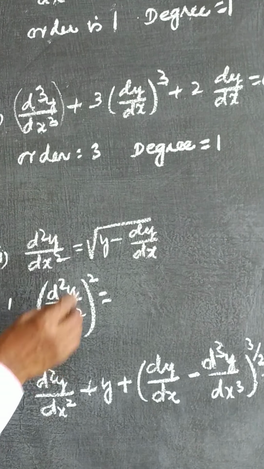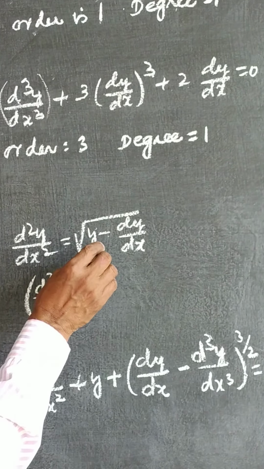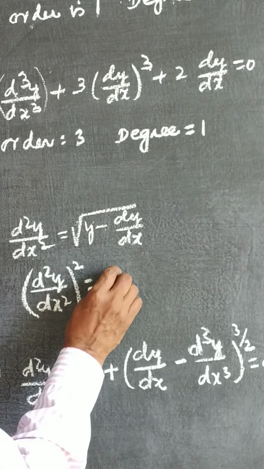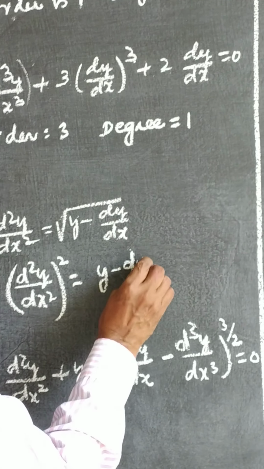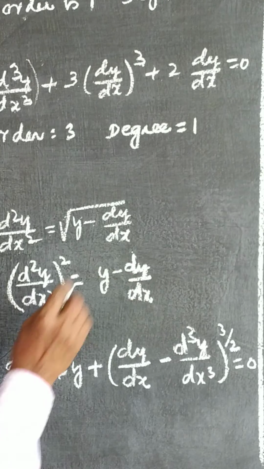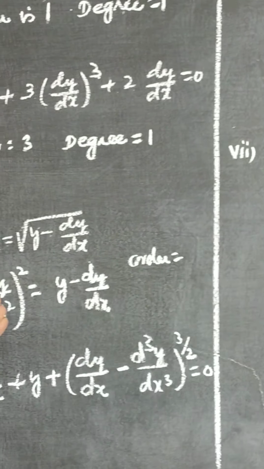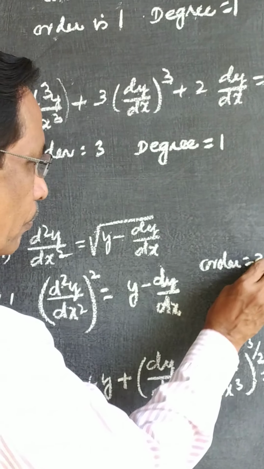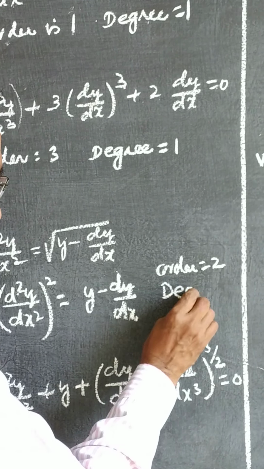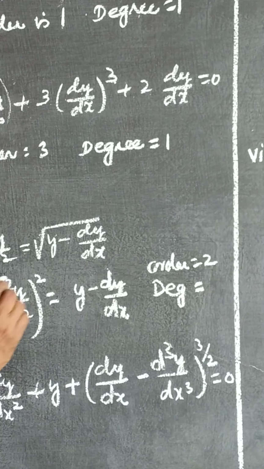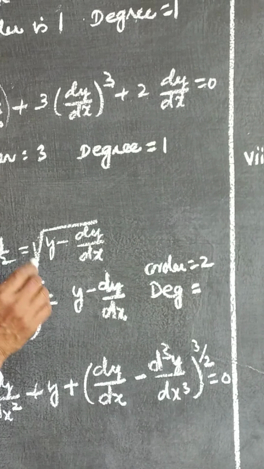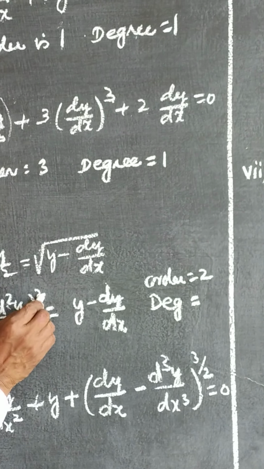On the right hand side, when you are squaring, the root will get cancelled, and therefore you will get dy by dx only. Now, the order is 2. The highest order is 2. And the degree for that order is 2. So, highest order is 2 and degree is 2.